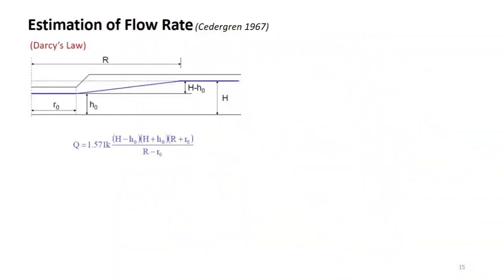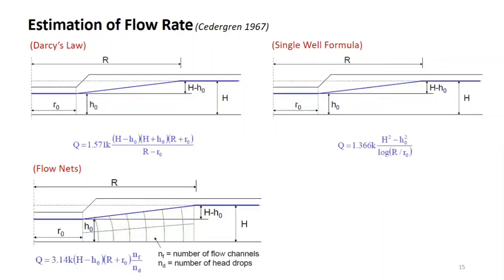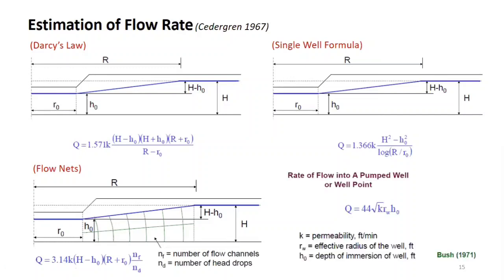This is how we calculate the flow. Like I said previously, it can be an open excavation, or you can represent it as an equivalent well. So you can calculate the flow into the well with these formulations. Like we have Darcy's, we have the single well formula, we have flow nets. Similarly, we have formulation for a pump well or a well point.